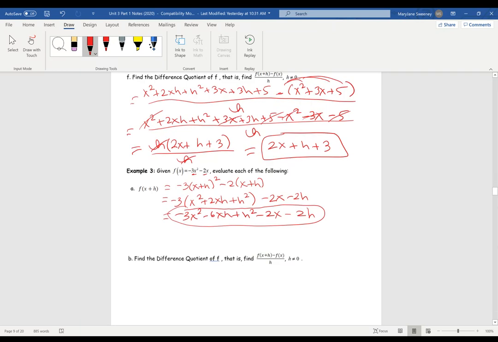Now, when we have the f of x plus h minus f of x over h, well, I already did f of x plus h, right? I've got this answer. Minus f of x, which is the original -3x squared minus 2x, all over h.